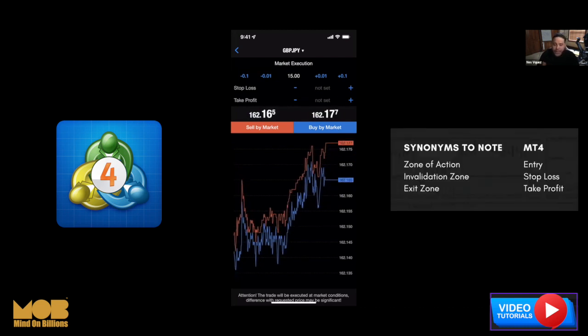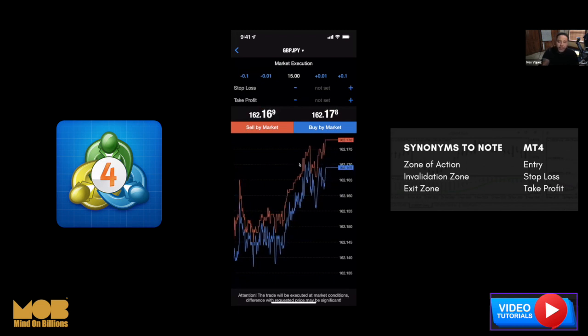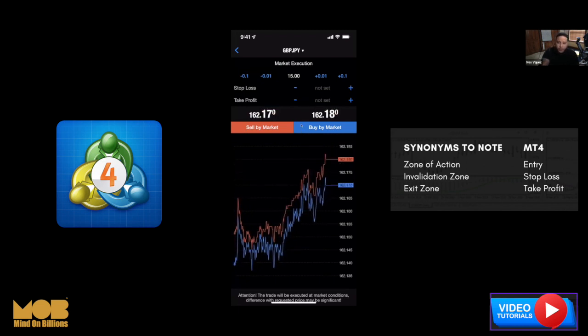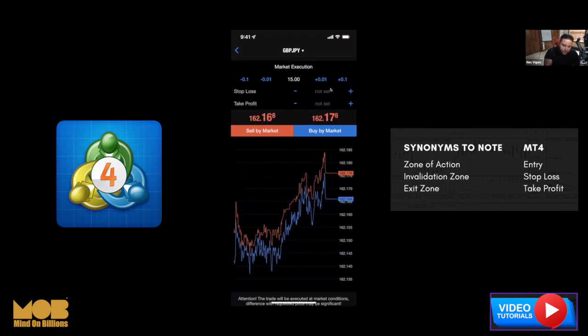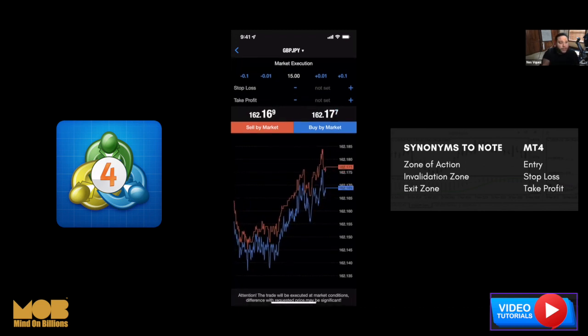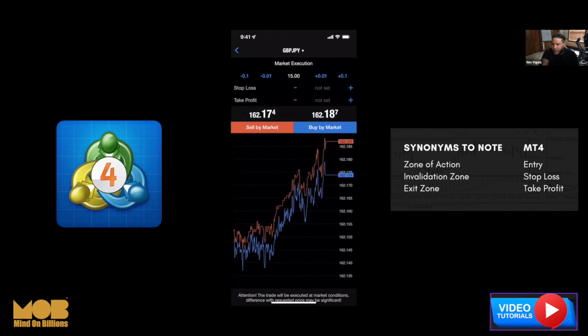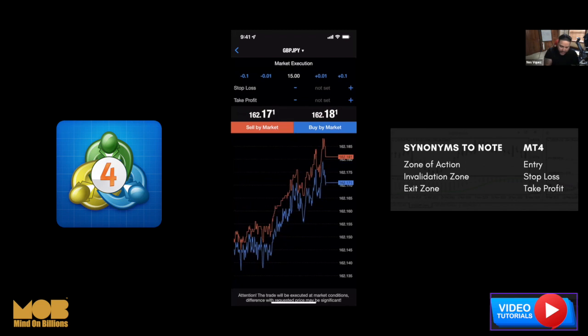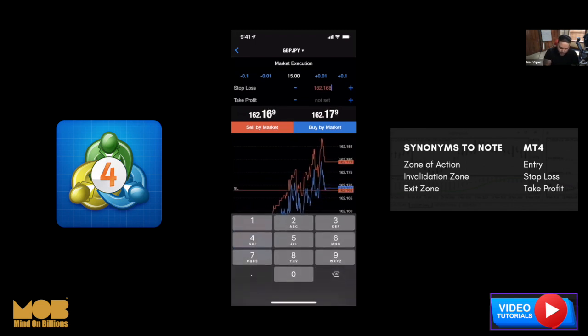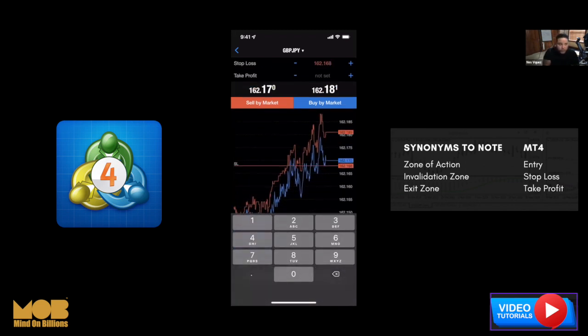So with that said, ladies and gentlemen, I hope this information was valuable and easy to understand. It's very simple to execute a position. If I enter the stop loss level, let's say I wanted to go for 128.00 stop loss level, right over here, I can enter that in. What is this?